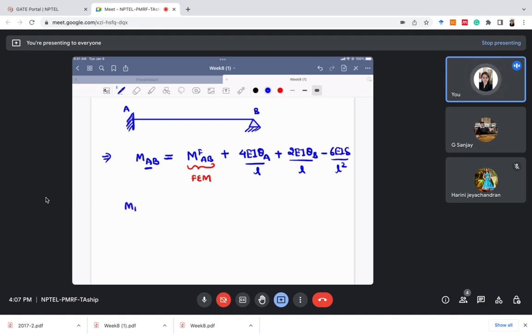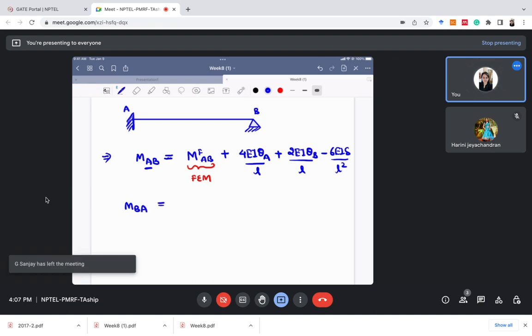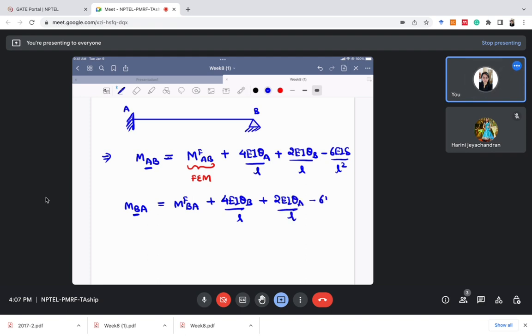Next is MBA, that is end moment BA. So MBA will be MFBA plus, here B is first, so we'll use 4EI theta B over L plus 2EI theta A over L minus 6EI delta over L square, where MFBA is the fixed end moment due to the external loading.